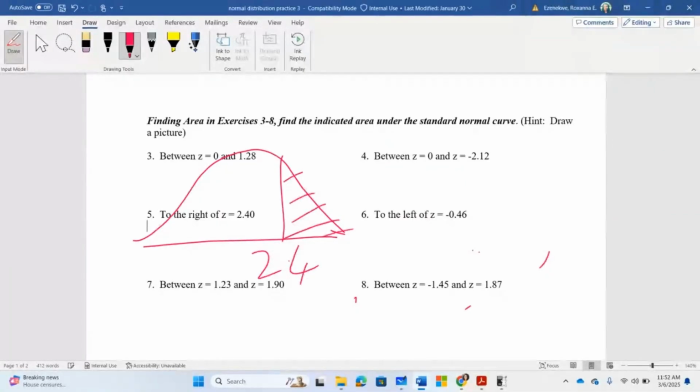So it means find the area from 2.4 to positive infinity. Don't forget that positive infinity can be entered using 1 E 99. So calculate the area.